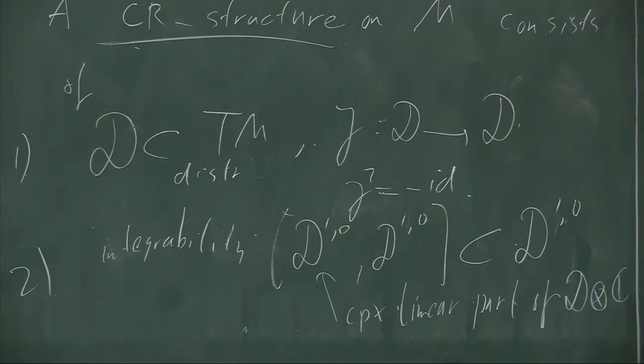So in principle, with this definition, this distribution can have any codimension, but we will now restrict to codimension 1, and we will assume that this is just the kernel of some one-form. I will call this one-form theta, not alpha.